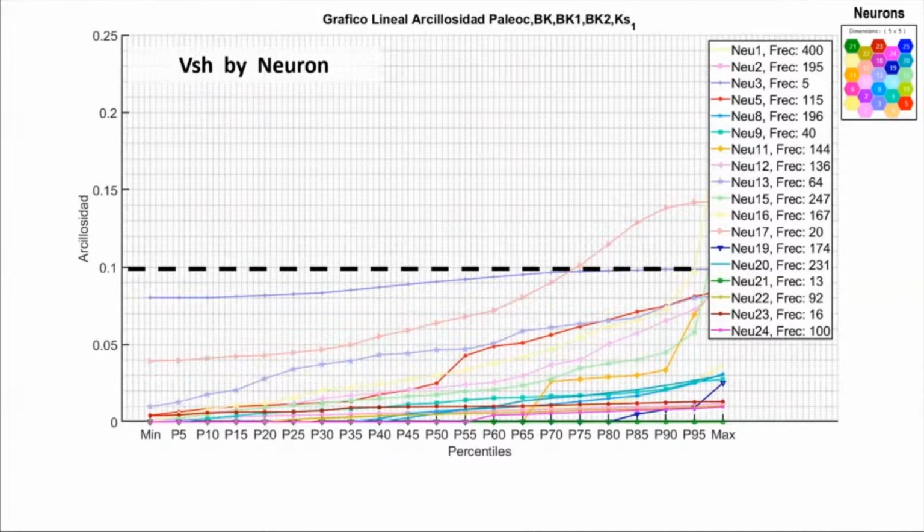This is number 17. You have only 20 times this property.